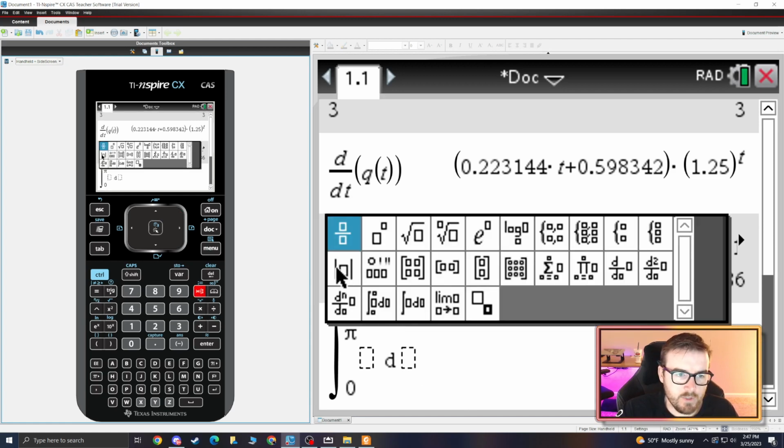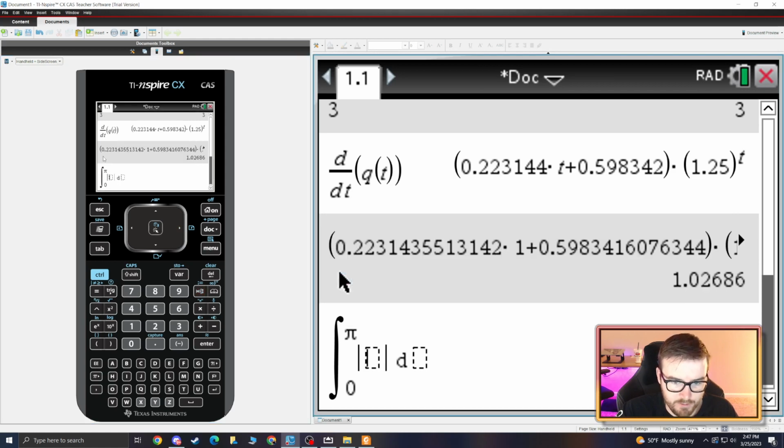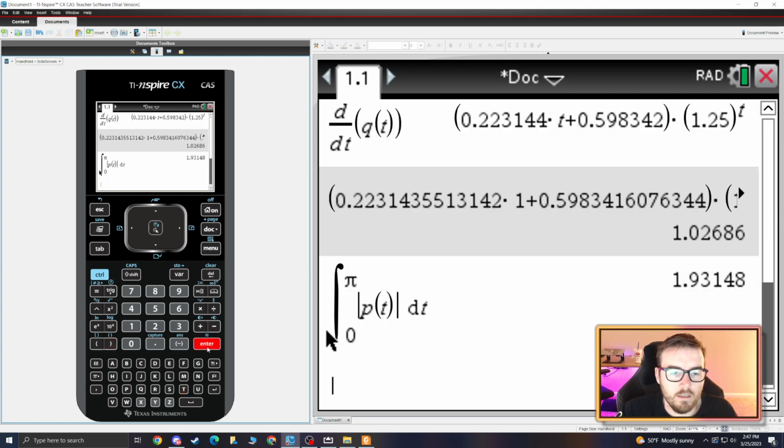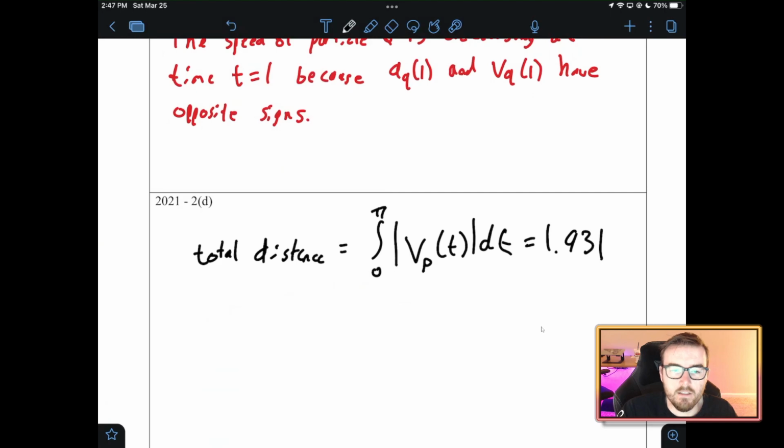There's all kinds of options, and we want the absolute value. And the velocity function of the particle p is still p of t in our calculator. It still remembers that. With respect to t, and we get 1.931. Everything needs to be rounded to the thousands place as a nice gentle reminder, and we're done. There it is.